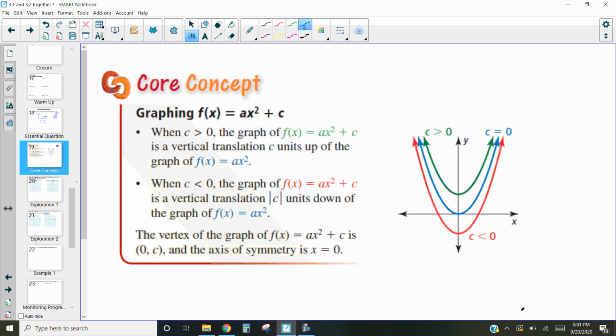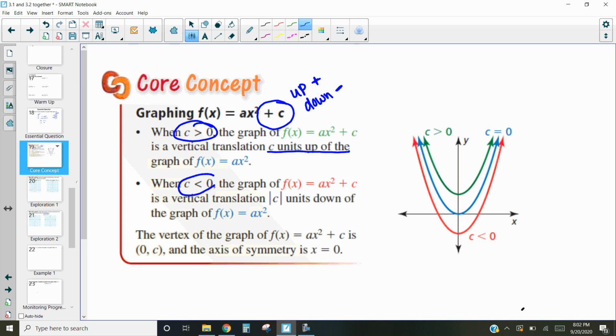Just like when we were discussing our absolute value functions, this plus c tells us how the function is going to shift up or down. So if c is positive, it shifts it up. If it's negative, it shifts it down, and it just shifts it up and down that many units. So when it's a positive number, it's going to shift it up c units.